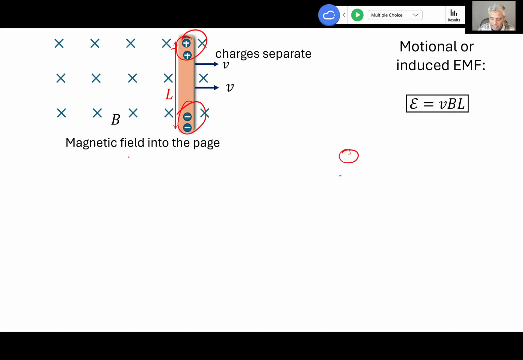There are positive charges near positive terminal and negative charge near negative terminal. So same thing is happening here. As long as it is moving, there is separation of charge. So separation of charge in a battery is caused by chemical reaction. Over here, it is caused by magnetic field and the motion. Okay. So now it's acting like a battery.